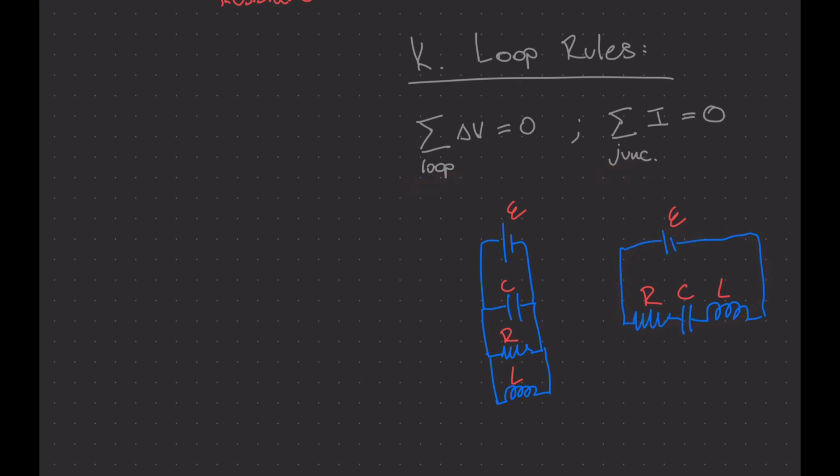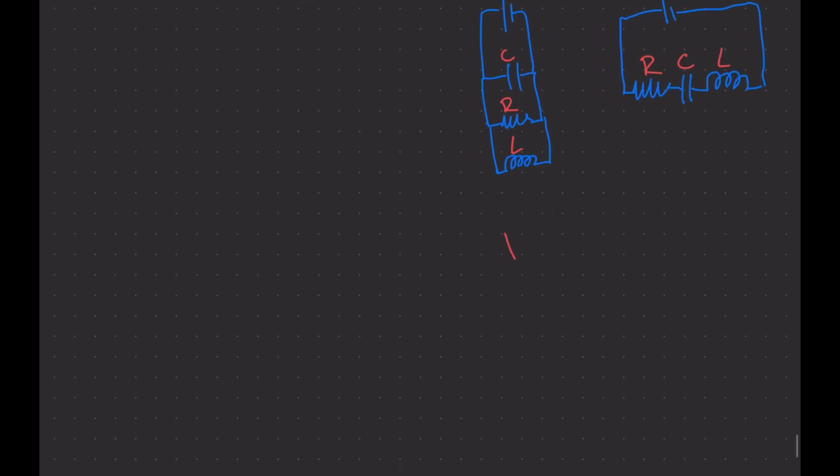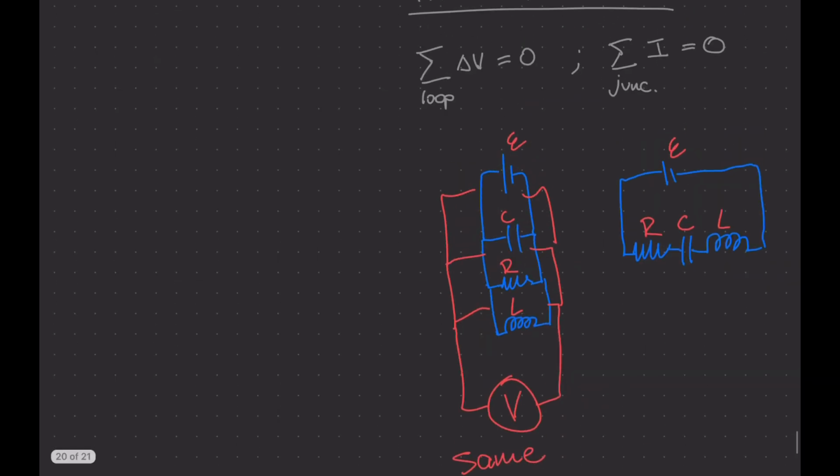Does that make sense? So what I want you guys to take a look at is if I have a voltmeter over here, and I attach it here, or I can attach it instead here, or I can attach it here. It's all going to be the same because the battery over here is producing a potential.